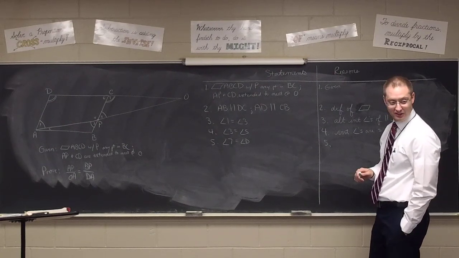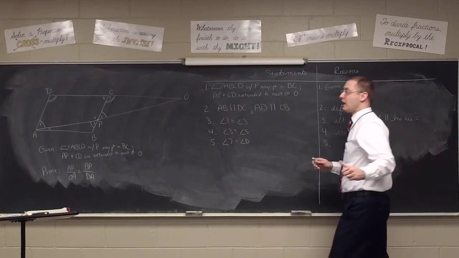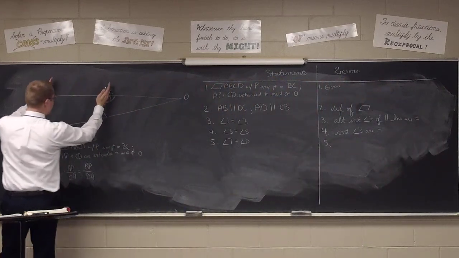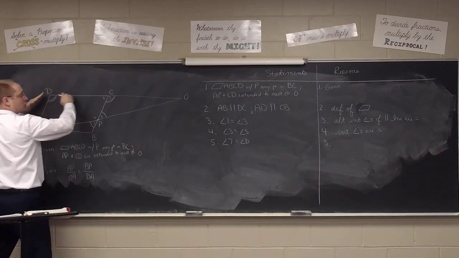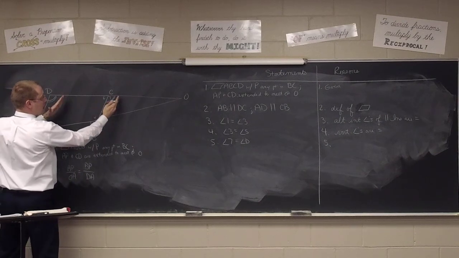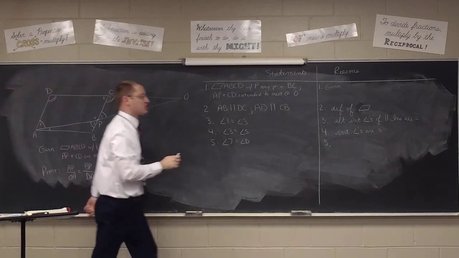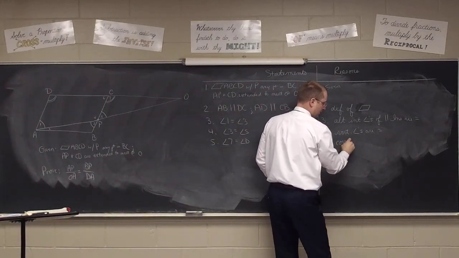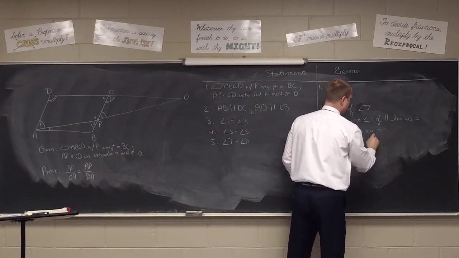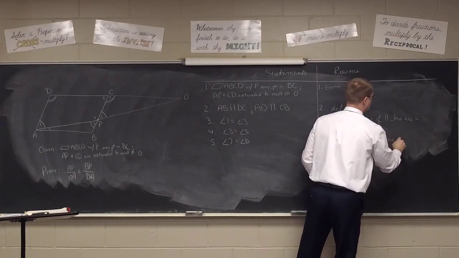Ethan, help them all. Corresponding angles. Do you see it? Here's my parallel lines. Here's my transversal. They're both on the same side of the parallels. They're both below the transversal. They're in matching spots, aren't they? So corresponding angles of parallel lines are equal.